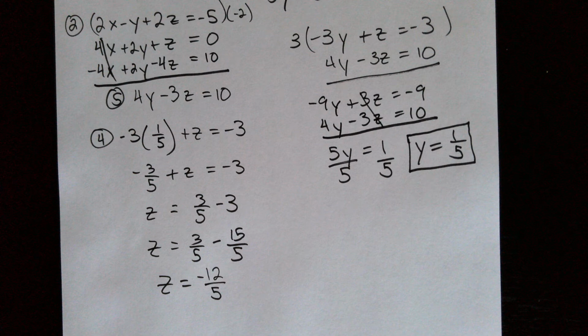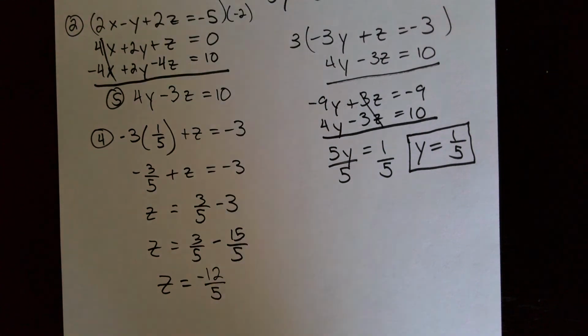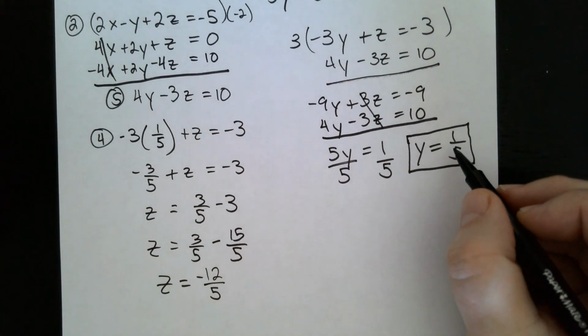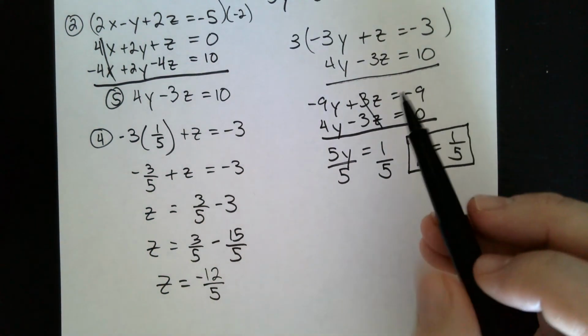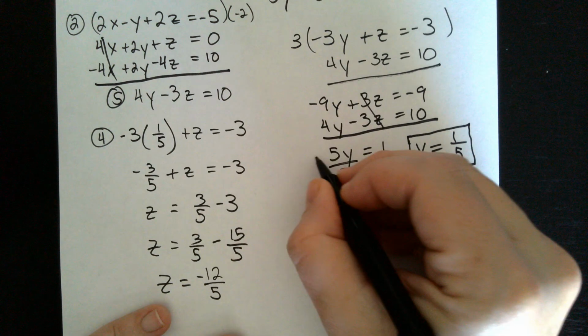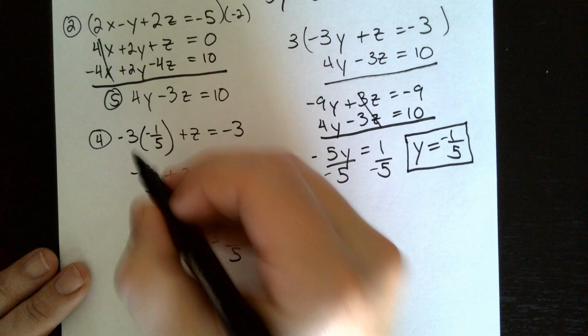Okay, I do need to backtrack just a second. This should have been negative over here. Let's see. I added these together. Negative 9y plus 4y was negative 5y, so I was dividing by a negative 5, which means this whole thing is negative.